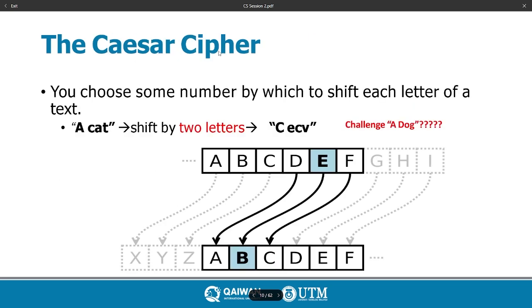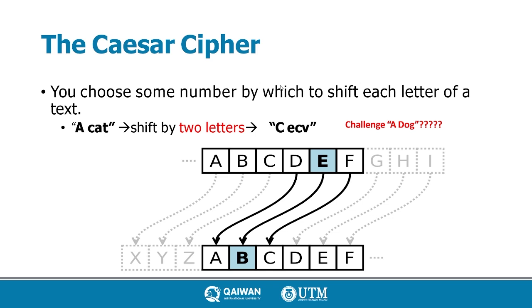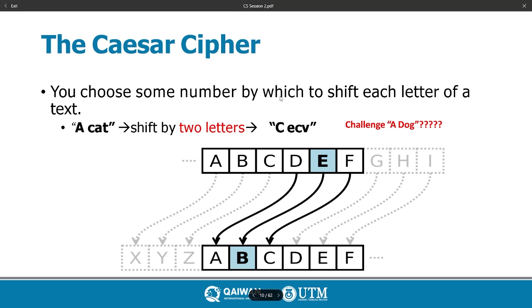Now, Caesar cipher is one of those algorithms that was used at the very beginning of time, one of the earliest encryption algorithms used, and it is quite easy actually.